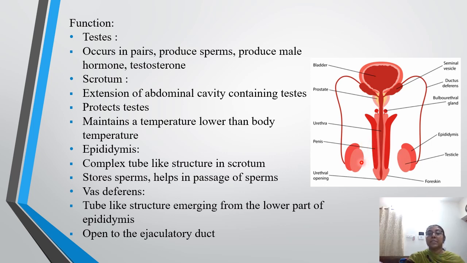Next, arising from the testis, we have the epididymis, which is a complex tube-like structure, where sperm is stored temporarily, and it also acts as a passage for sperm. When released, these sperms are carried by a tubular structure we call the vas deferens.